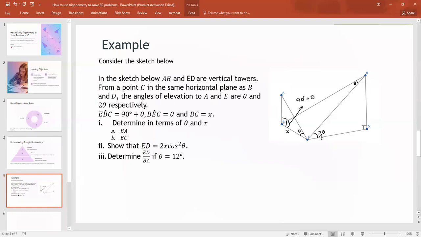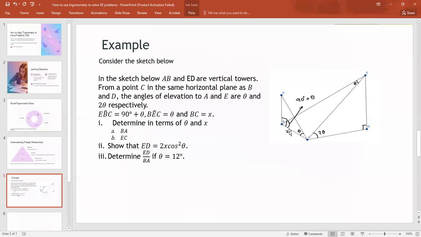In triangle EBC, we have the angle given by 90 degrees plus theta. In triangle BEC, we have the angle given by theta, and the length of side BC is given by x. The first question: we have to determine, in terms of theta and x, the side BA.